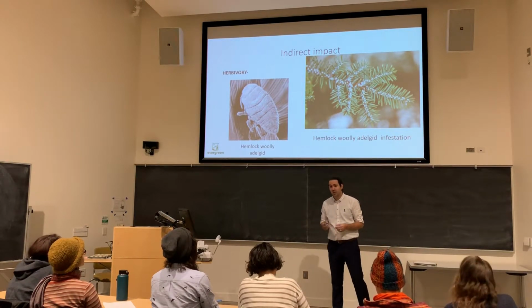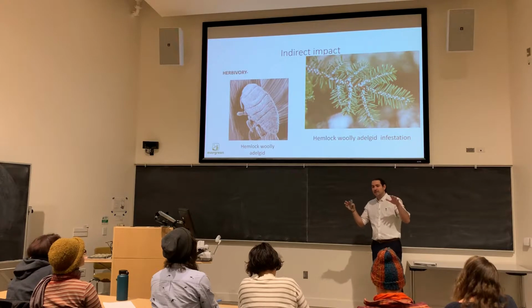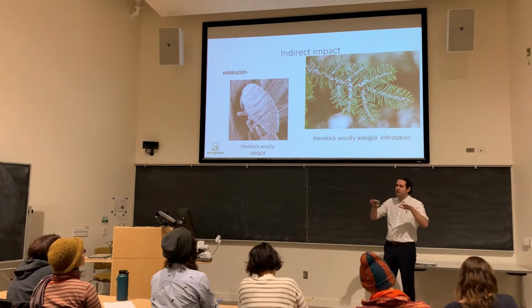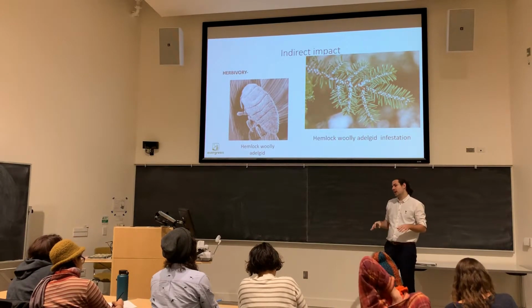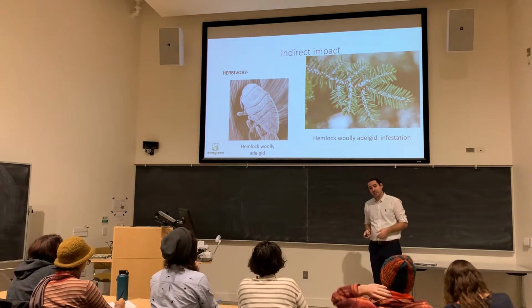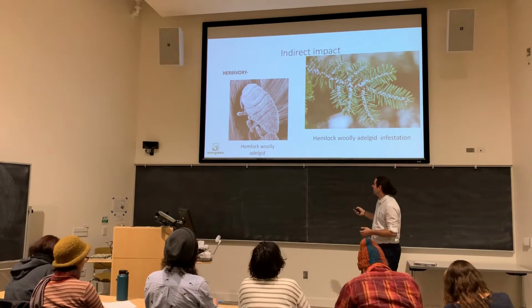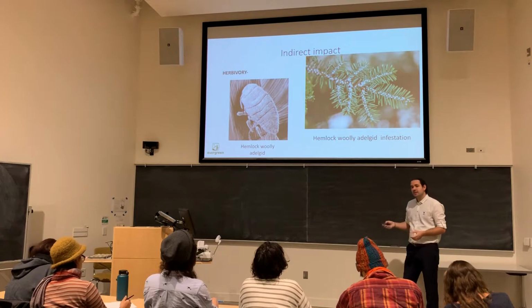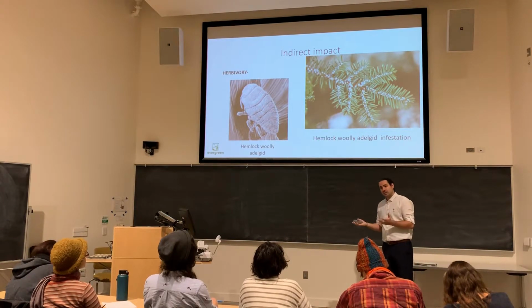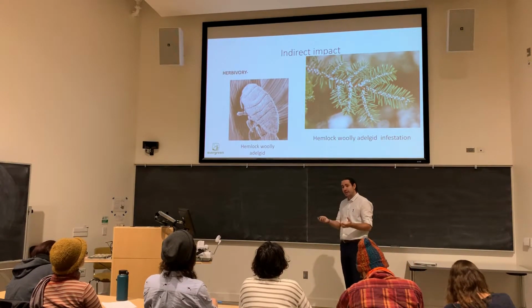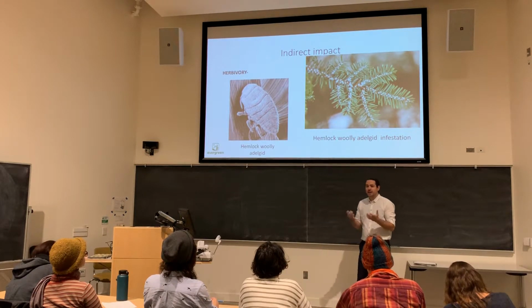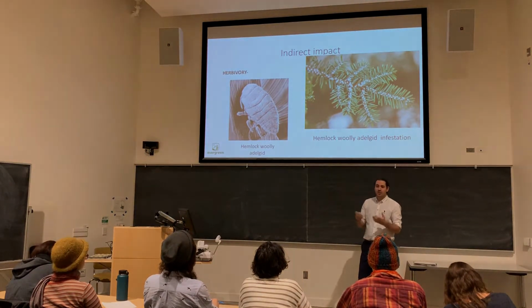The shade that the hemlocks create over the rivers regulates the air and water temperature. But now with the invasion of the woolly adelgid, those hemlocks start dying, and subsequently all those organisms that are associated with the hemlock are being displaced.